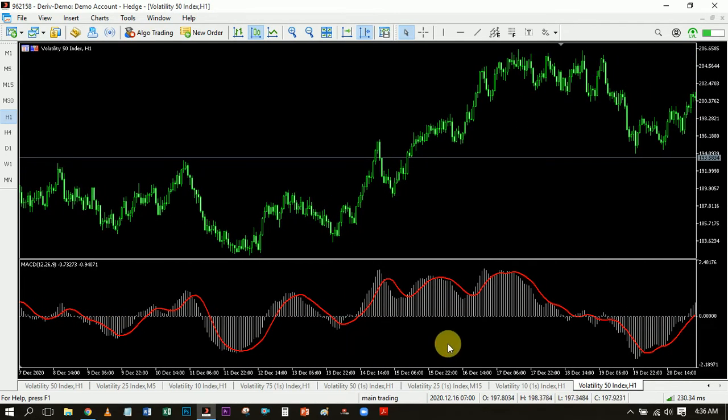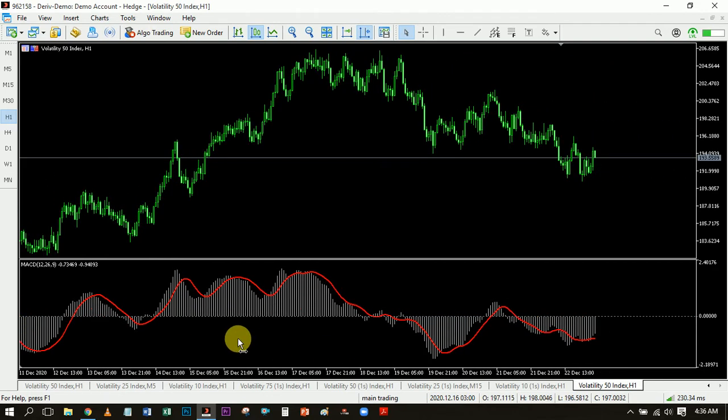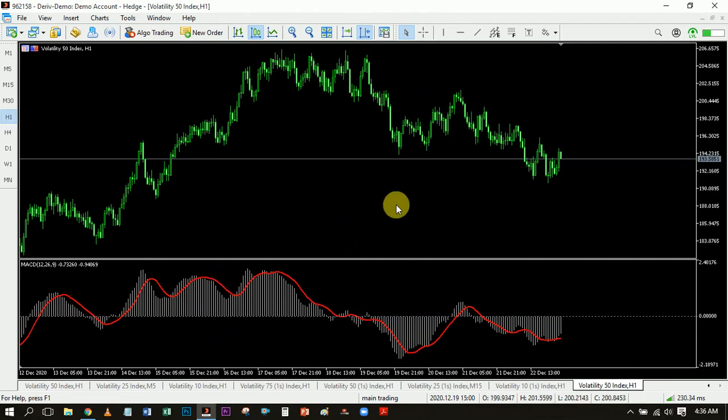Then number two, you realize that the MACD, being that the name is moving average convergence divergence, you can also use it to spot divergence.